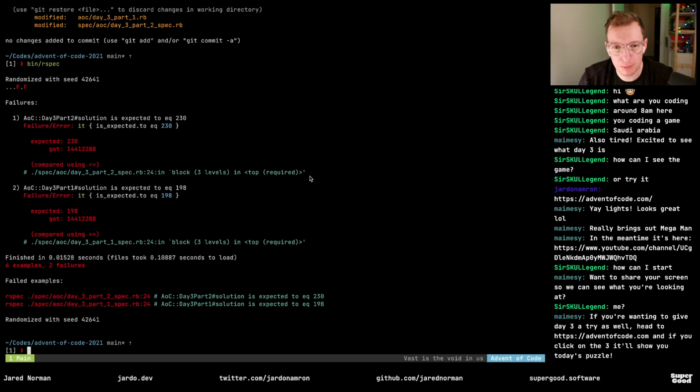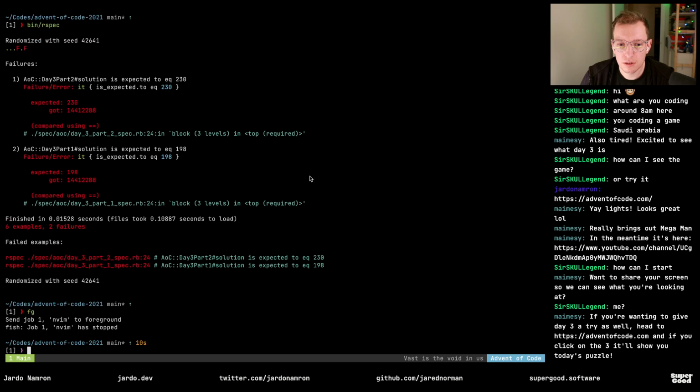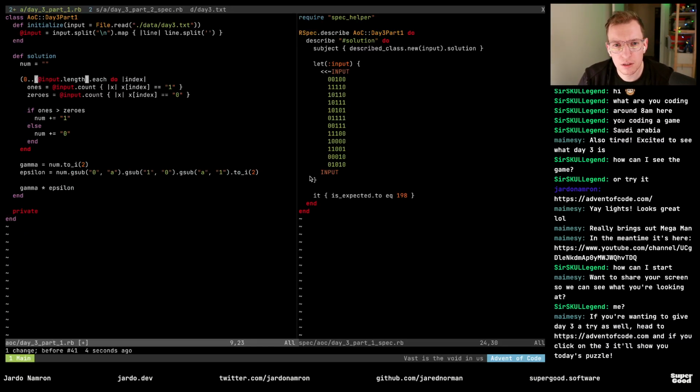RSpec. Okay, that broke it. And it broke our normal one, which is interesting. This is supposed to be -1. That couldn't be it. No. Is it that?